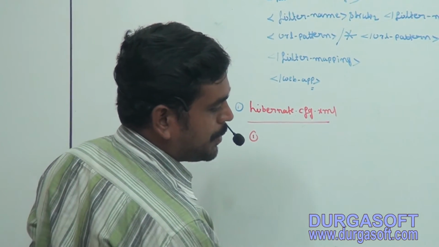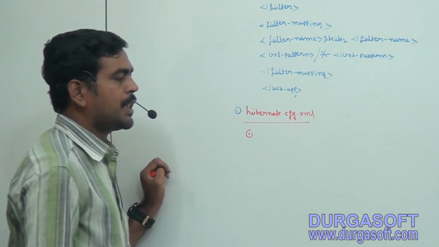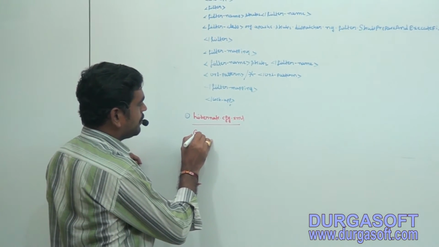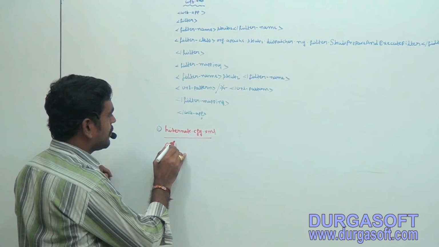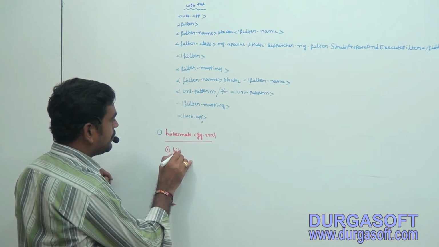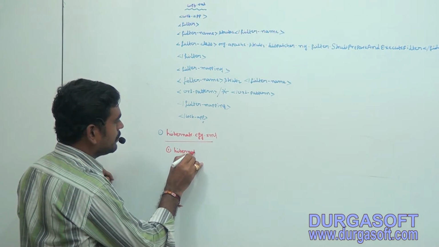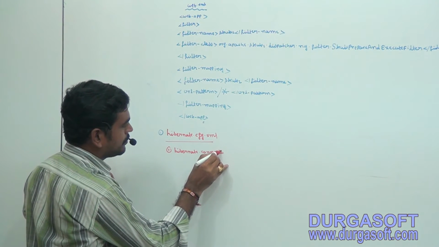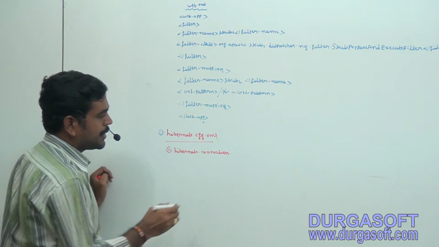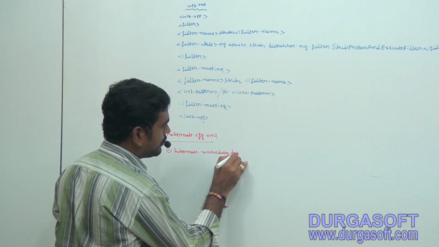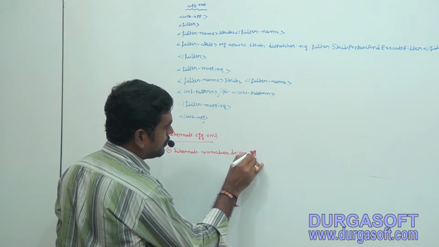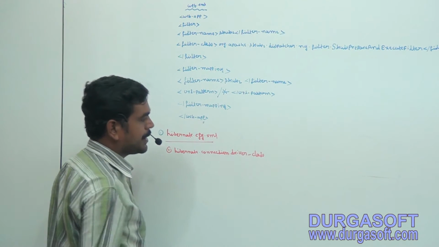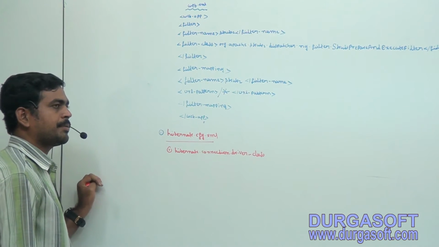What are the connection properties here? Number one, hibernate.connection.driver_class. Otherwise driver class, that's enough.